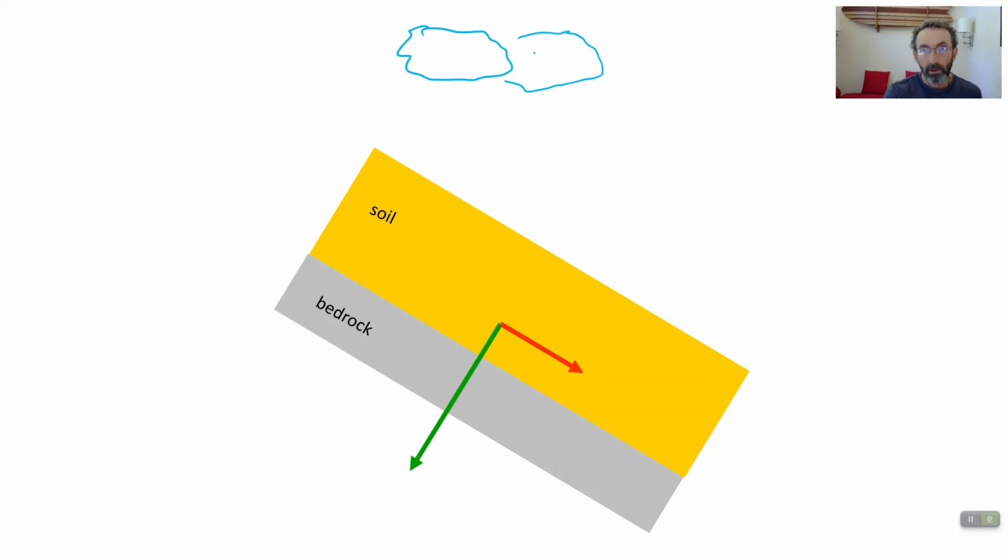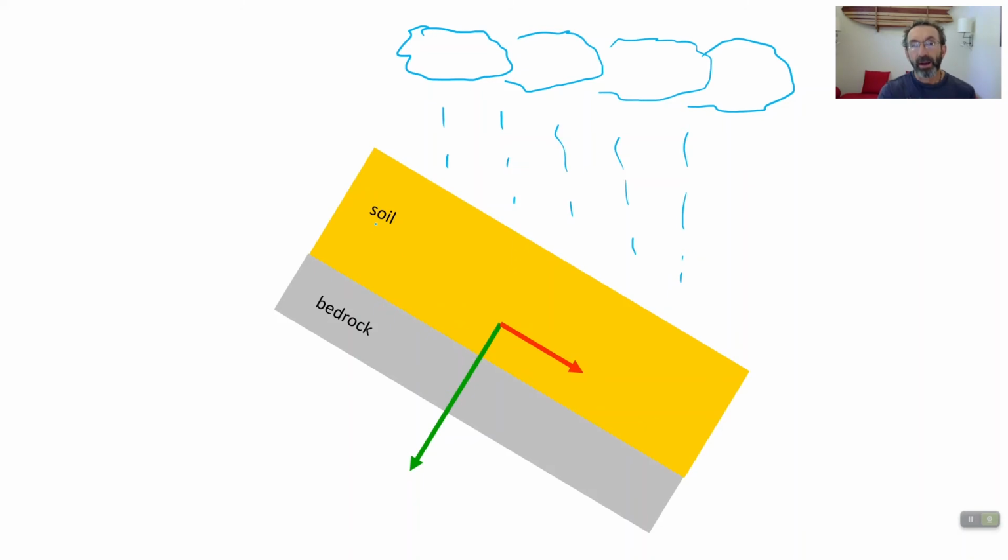So these are rain clouds. And here's the rain coming down. Now, as you might expect, rain will percolate through the soil like this.